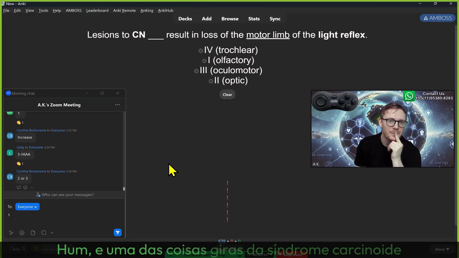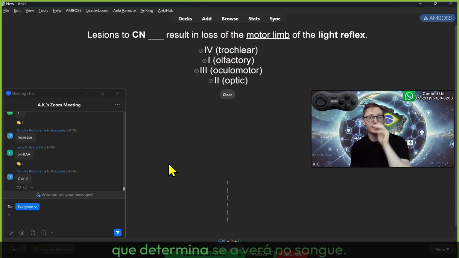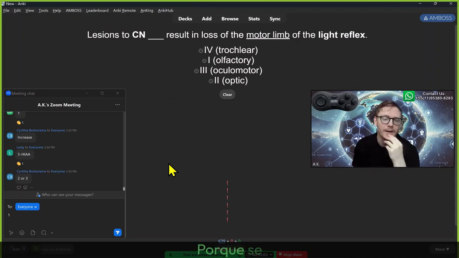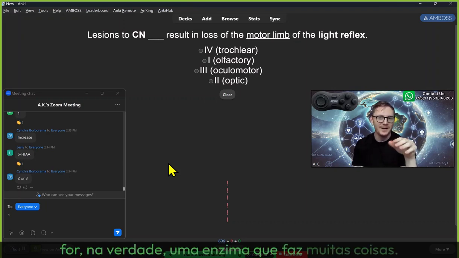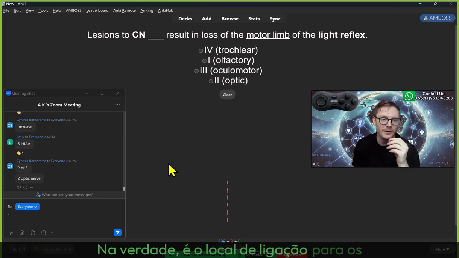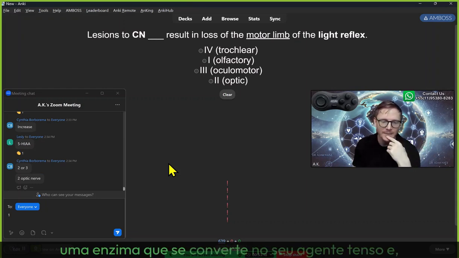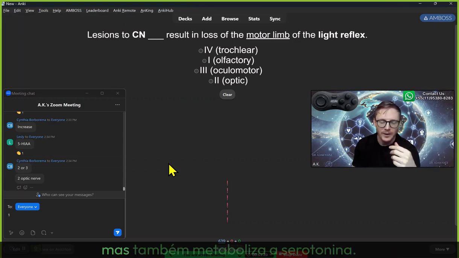One of the cool things about carcinoid syndrome is that its location determines whether you're going to see that in the blood. ACE is actually an enzyme that does a lot of things. It's the binding location for COVID, the ACE2 receptors. But ACE is an enzyme that converts angiotensinogen, and it also will metabolize serotonin.